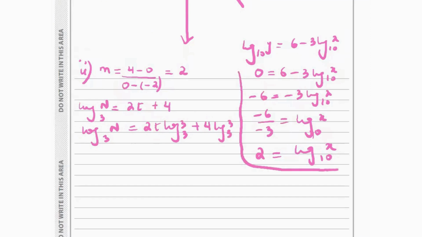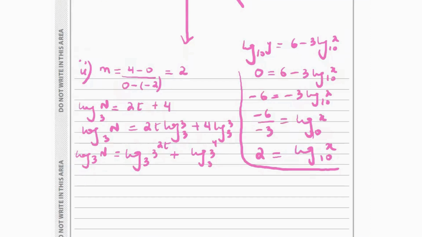Let's separate this. So now using logarithmic rules, I'm going to bring the 2t to the power of 3. So log of 3 to the power of 2t to the base of 3. And over here, the 4 goes up and becomes the power of 3.